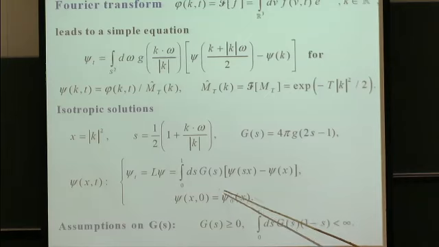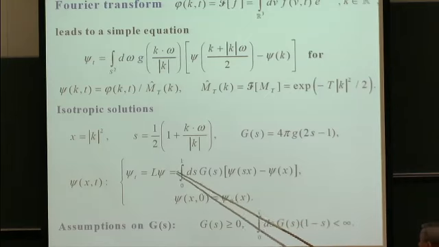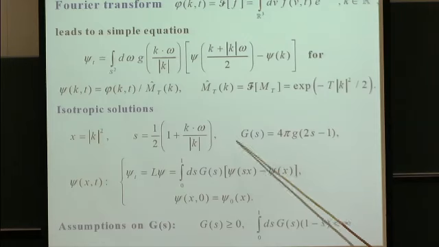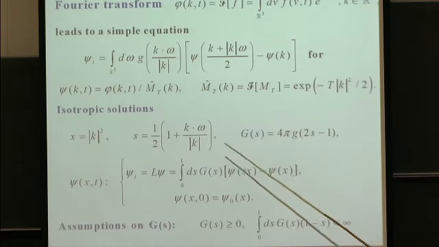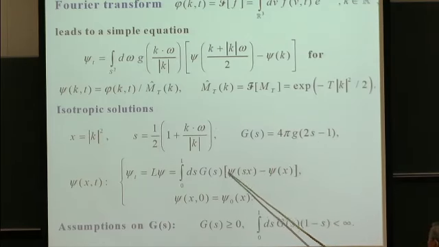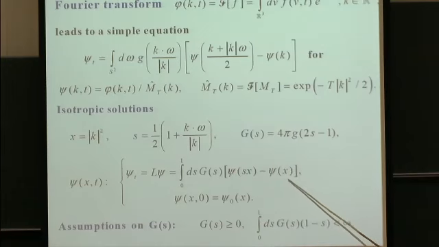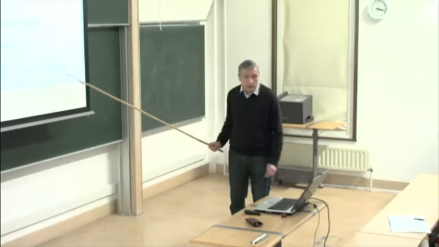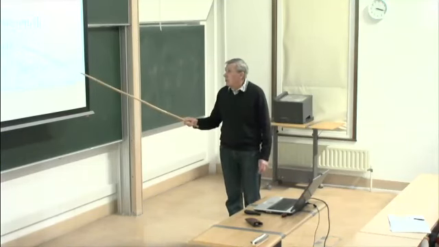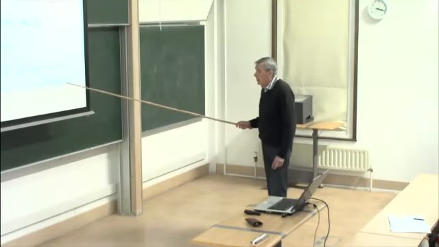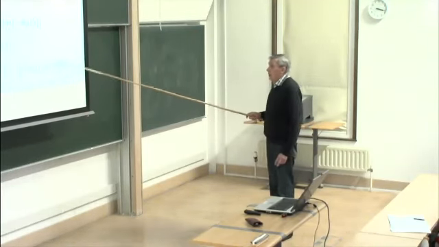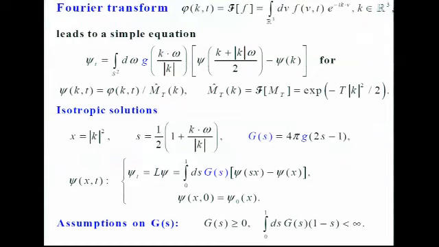Now the integral looks very nice: the integral from 0 to 1 ds of g of s, the same kernel g but slightly modified, times psi of x s minus psi of x, with initial data. My assumption on this function is that it is non-negative and this integral must be bounded.